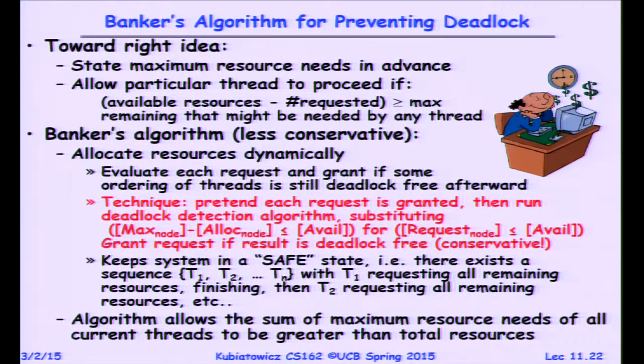Every time you request a resource, you run the banker's algorithm, and you either allow the resource to be grabbed or you put somebody to sleep on a queue. You put them to sleep if they can't get the resource, and then when resources become available, you wake them up again. As a result, they're not waiting on somebody else, they're asleep, and so you can avoid the deadlock that way. Good.